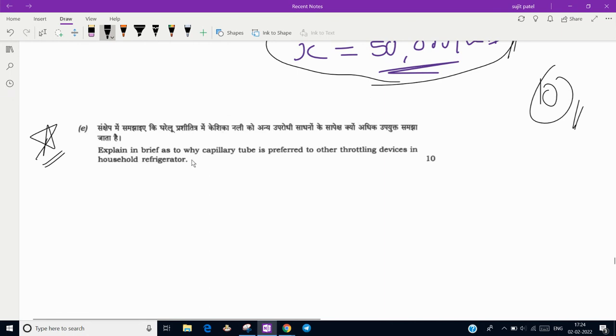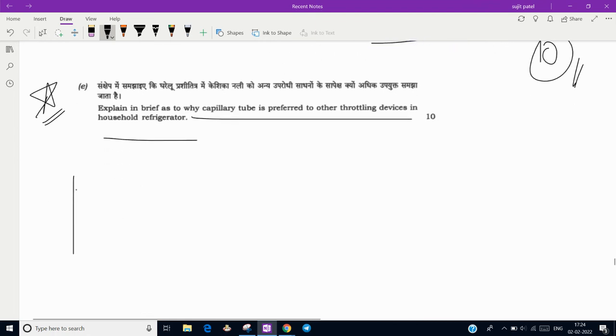Explain in brief as why capillary tube is preferred over the throttling device in household refrigerator. So in household refrigerator or in domestic air conditioner, the volume that we have to cool down is constant.